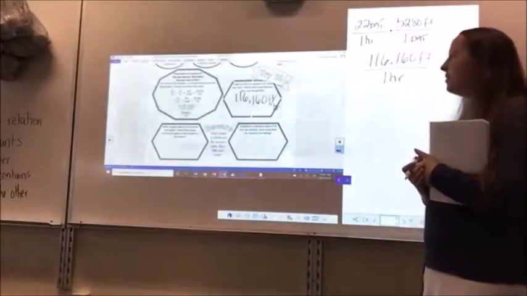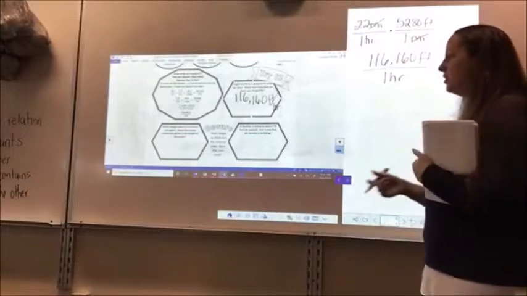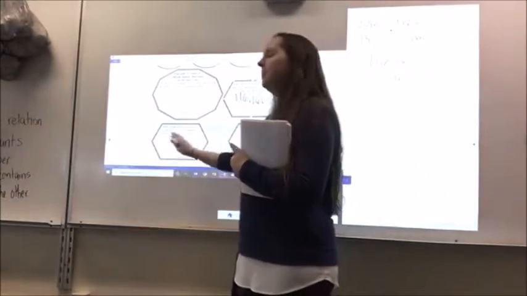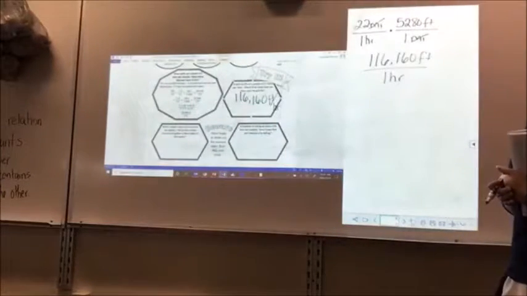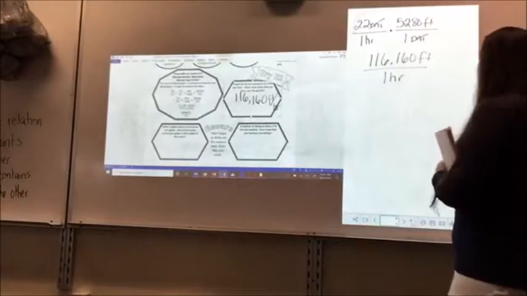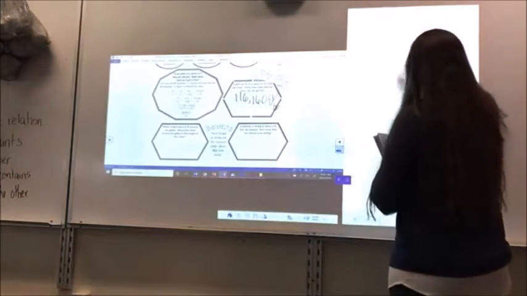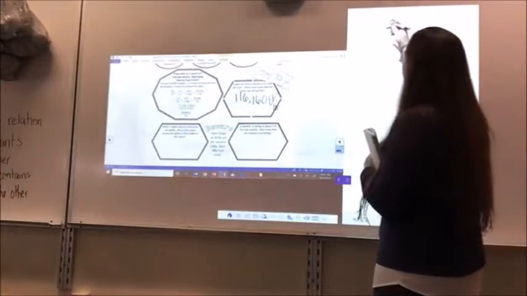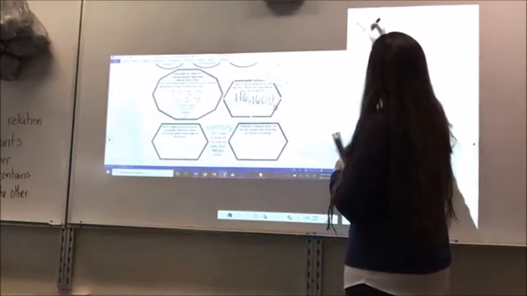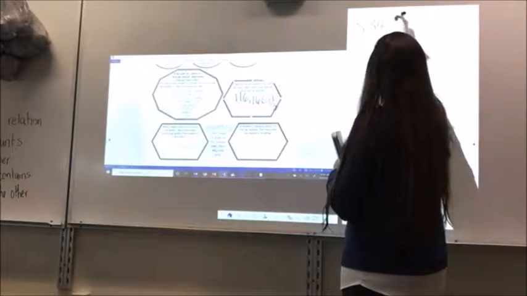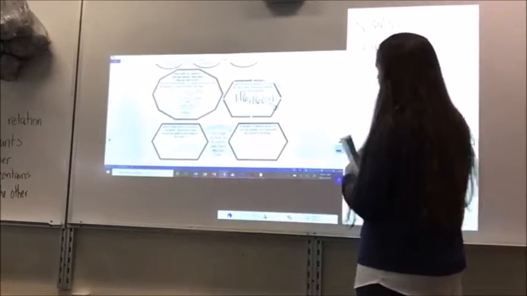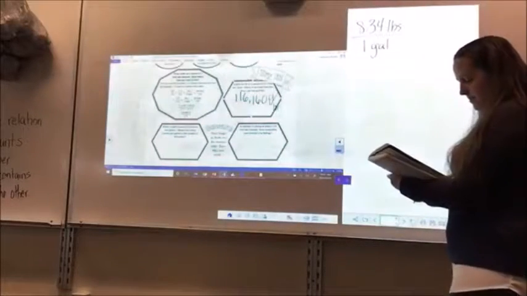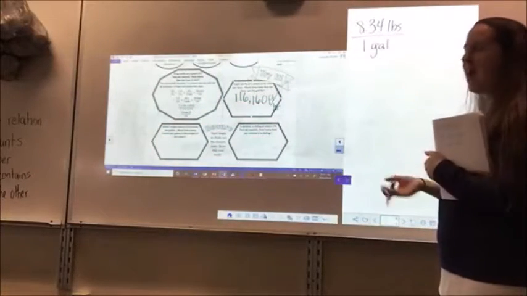For number 2, water weighs about 8.34 pounds per gallon. About how many ounces per gallon is the weight of the water? The unit they gave me was 8.34 pounds per gallon, and I want to go from pounds to ounces.